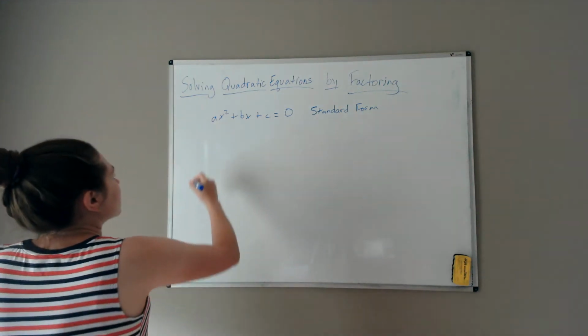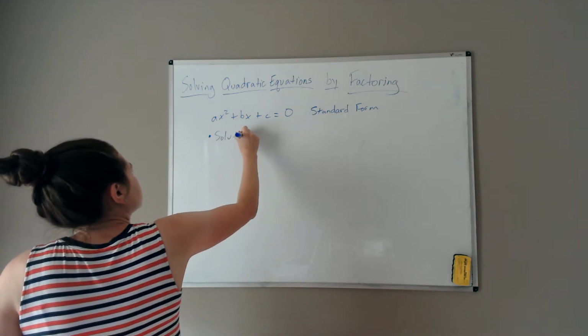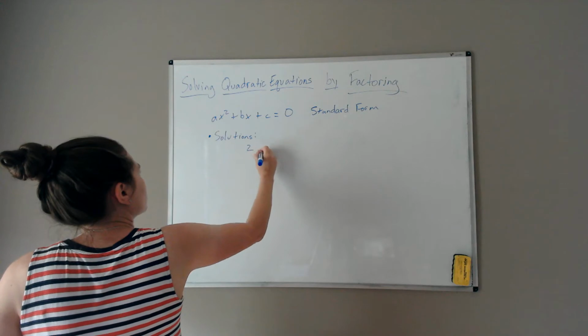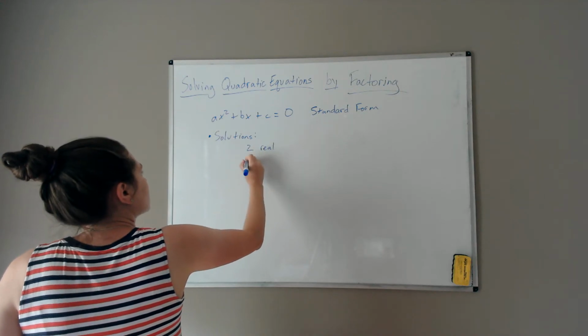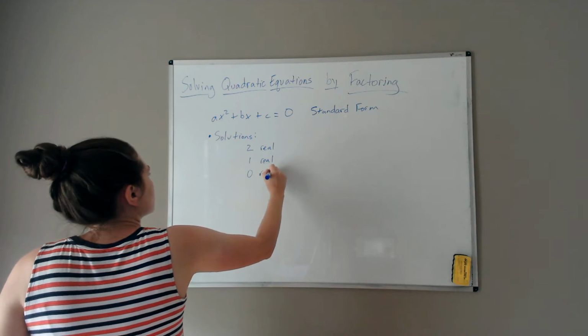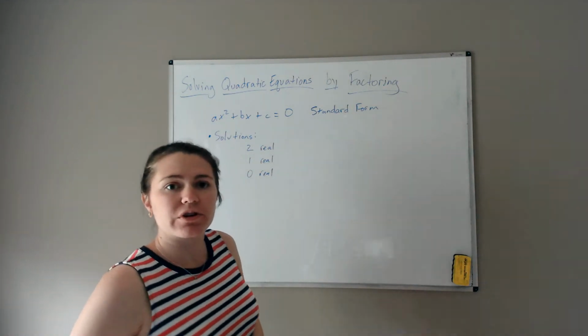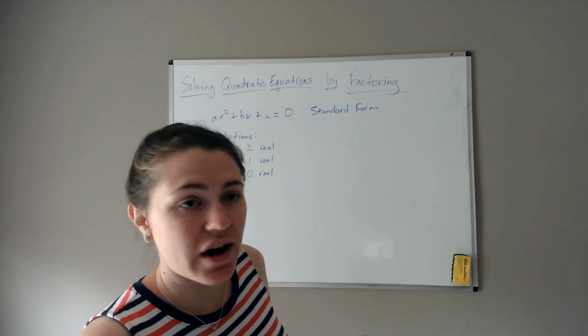So remember, for solutions, you can have 2 that are real, you could have 1 real, or you could have 0 that are real. So you can have 0, 1, or 2 real solutions when you are solving a quadratic equation.